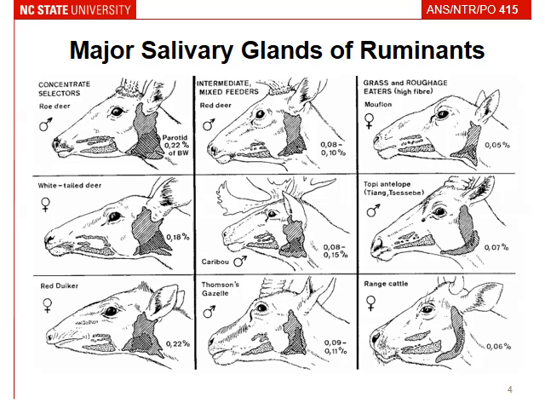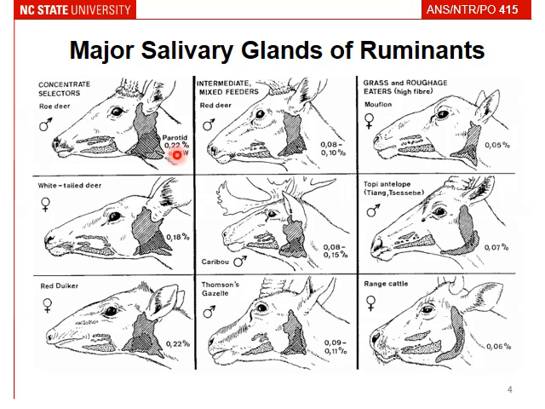They mainly are eating grass. So you can see that the concentrate selectors, the browsers, have much more significant parotid glands compared to the grazers.